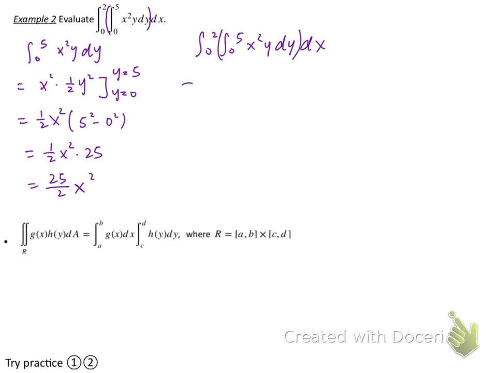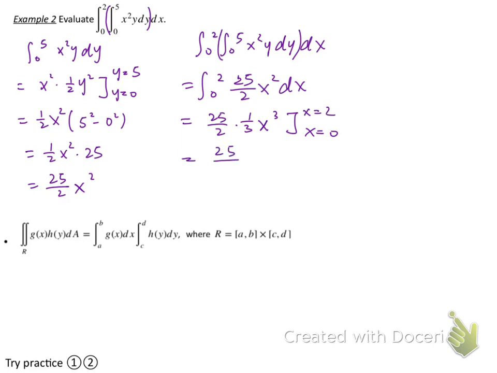This whole part is the 25 over 2 x squared, then dx. So 25 over 2 is coefficient, x squared, add 1 on the exponent, flip it. My x goes from 0 to 2.